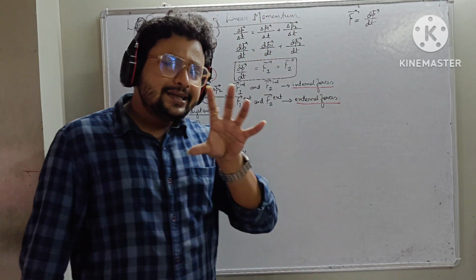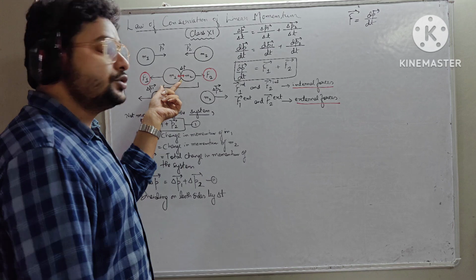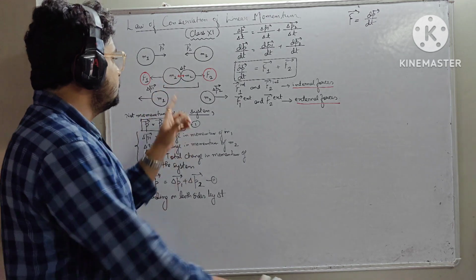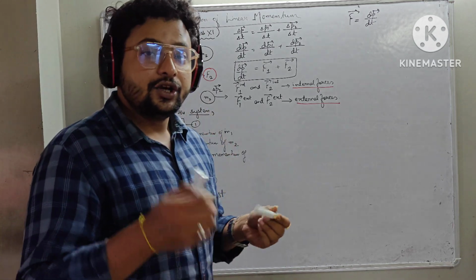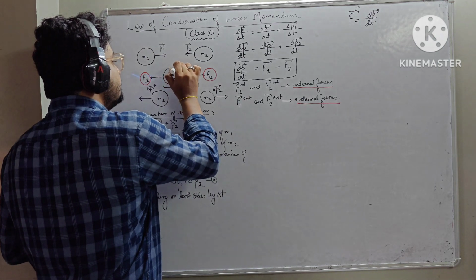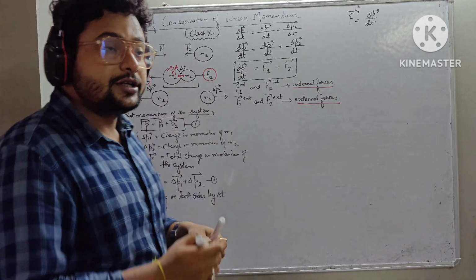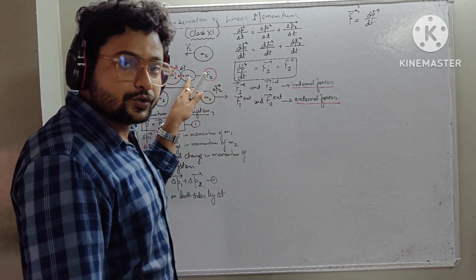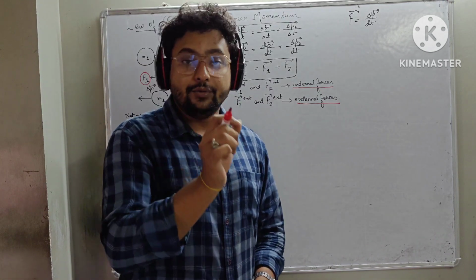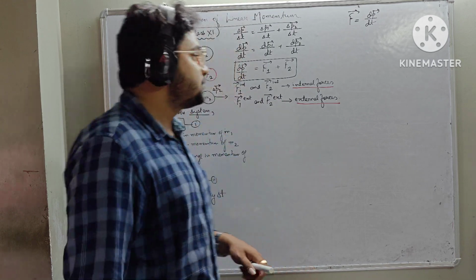So let us consider any one particular body, suppose this particular body M1. On this body M1, which forces are acting? First of all, an internal force is acting, F1 internal, which is exerted by M2. That is the internal force which is acting on the first body.